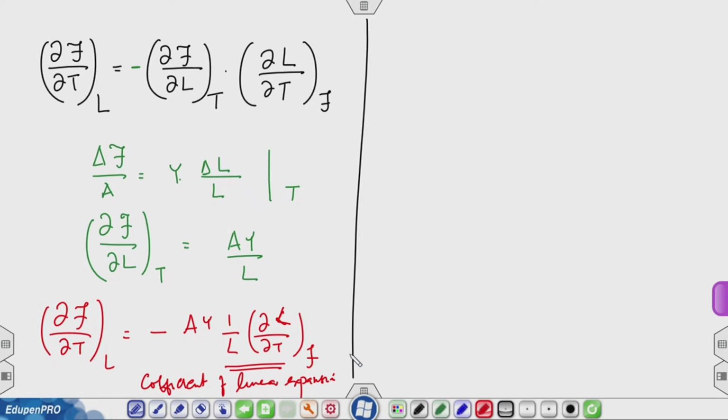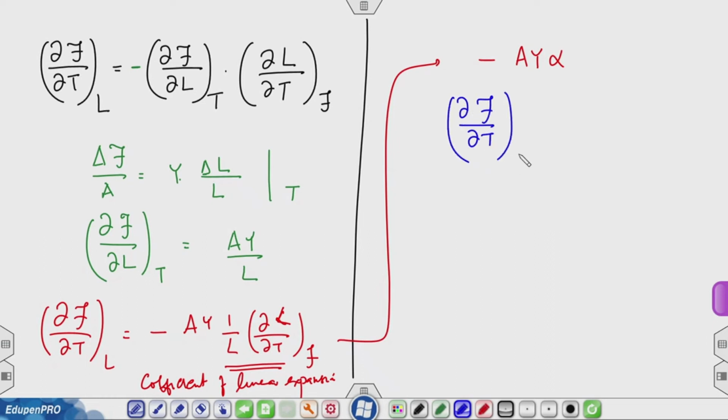So this is then minus A Y alpha. So you immediately get partial F partial T at constant length is equal to minus A Y alpha.